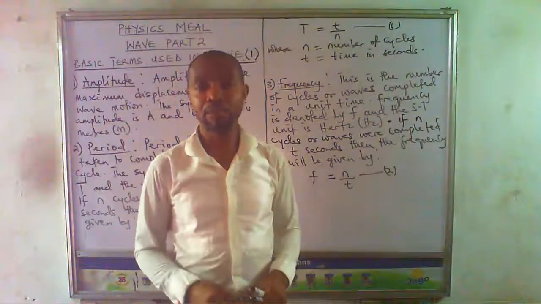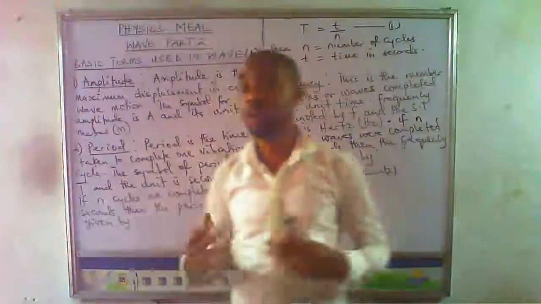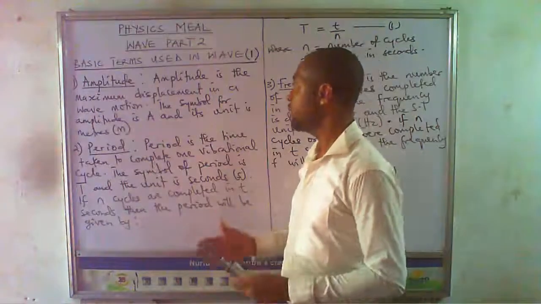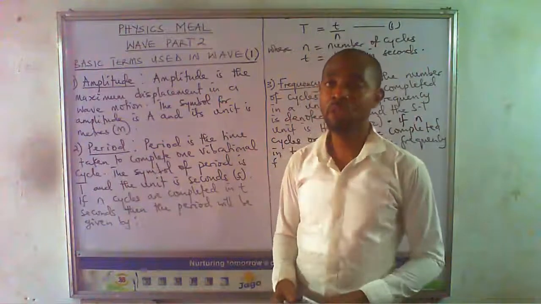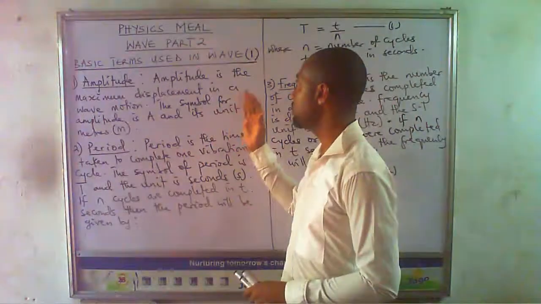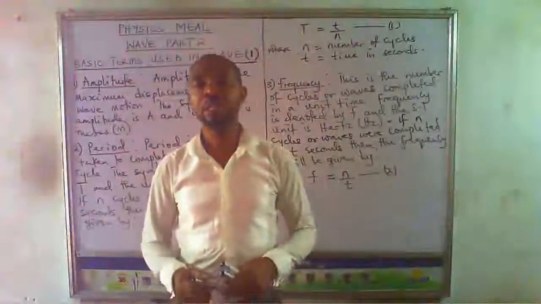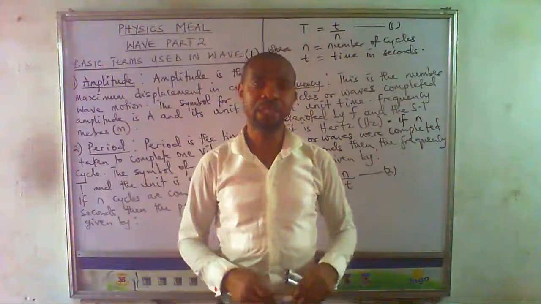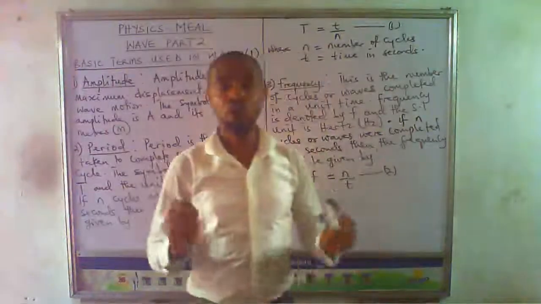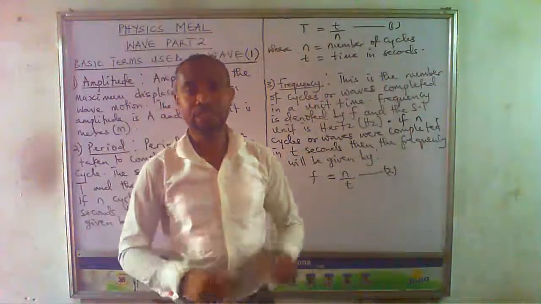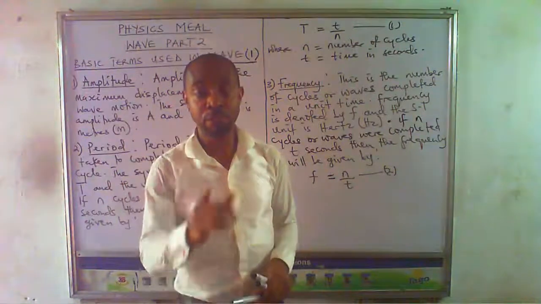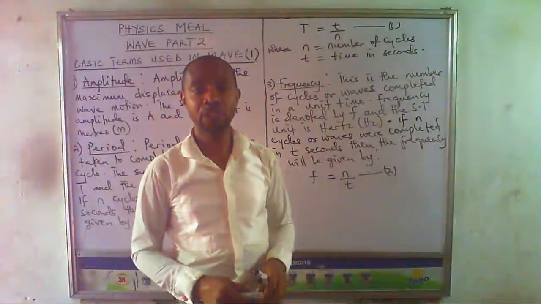There are other terms associated with wave, and when we return in our next video, part 3 of this video, we'll be looking at basic terms used in wave, part 2 of it. Then we'll see other terms that are very important as far as the study of wave is concerned, and you will enjoy it, because I know you are enjoying this one.